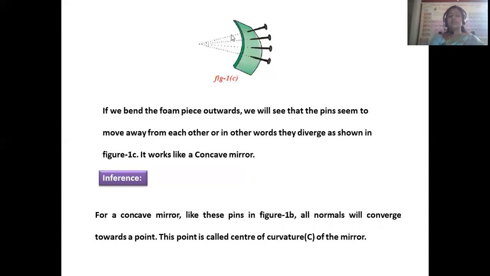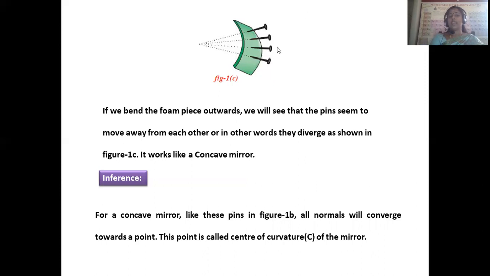Now let us go with case 3. In case 3, take the same rubber sole and bend it in the outward direction. When you bend it outward, all these nails come out and an inward pull will be there. Here you can observe the bulged, enlarged surface called hyperbola.